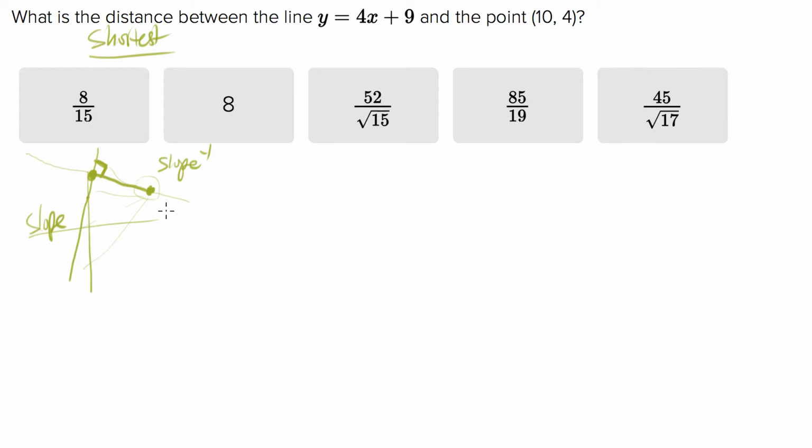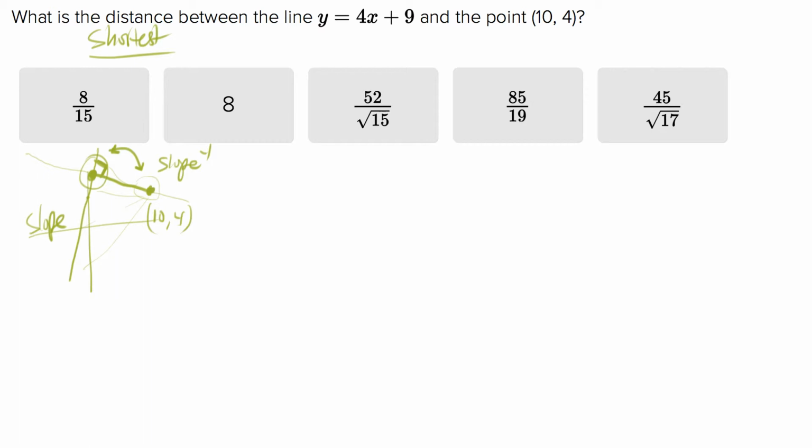It goes with slope negative 1 over the original, the inverse slope, and it goes through the point (10, 4). That's going to give you a new line. We need to take those 2 lines, which will give you a system of equations, and solve that system to get an x-coordinate and a y-coordinate. And that will be the x-coordinate and y-coordinate of that point. Then we need to use the distance formula on these 2 points. It took me 2 minutes just to explain what I'm going to do.